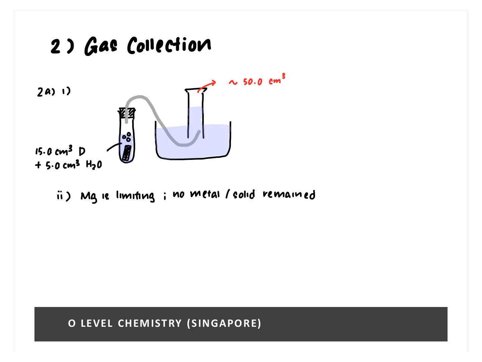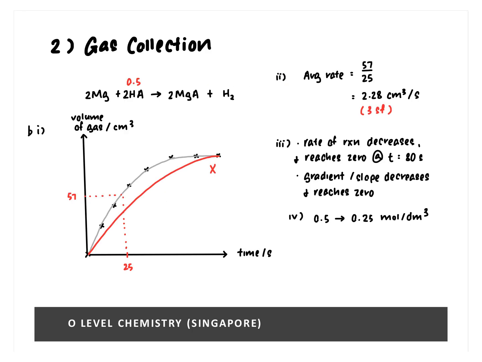So I believe there will be a range of values centered around 50 centimeter cube. For part 2, students were supposed to identify which reagent is limiting. This is quite obvious. After the reaction, there's no trace of solid or metal remaining, so therefore your magnesium must have been limiting.